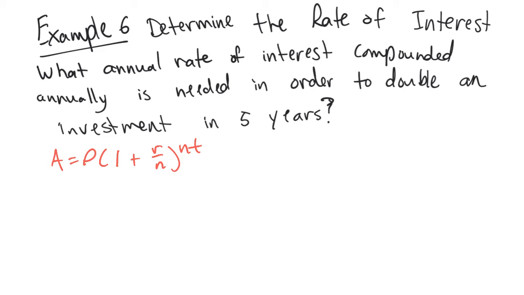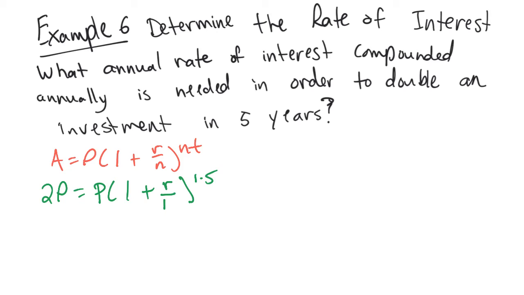So our A is actually going to be 2P equals P times 1 plus our interest rate R. That's what we're trying to figure out. So R over N, and if it's compounded annually, it compounds once, so R over 1, times N times T, which is 1 times 5.